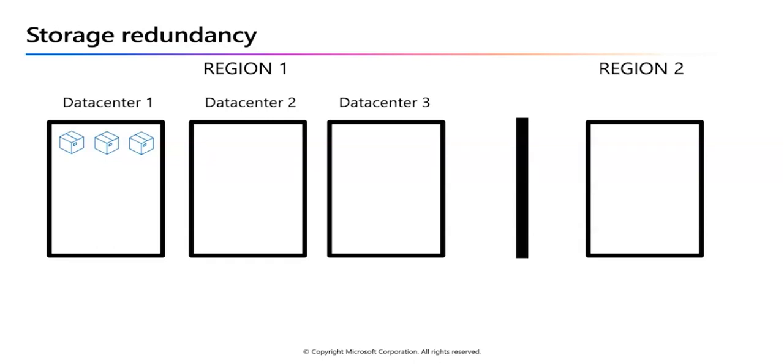But let's say you want to move up and improve that. Well, then we can go ahead and go with zone redundant storage, or ZRS. Now, this allows us to create 3 availability zones in the primary region.